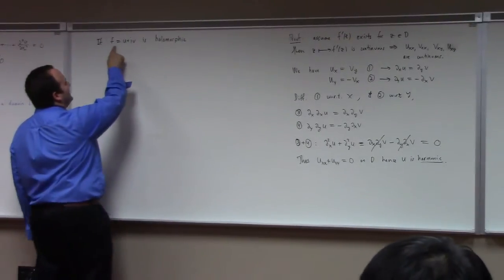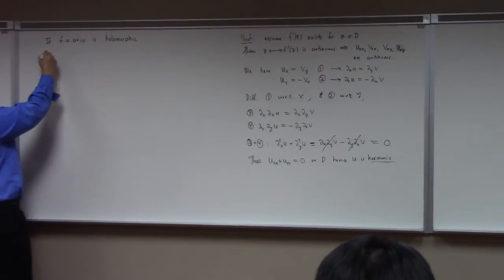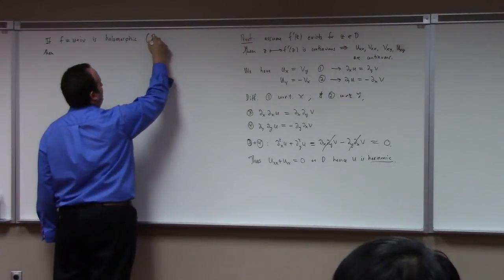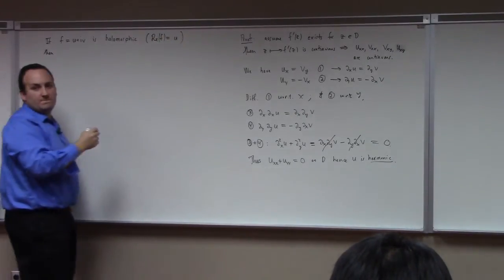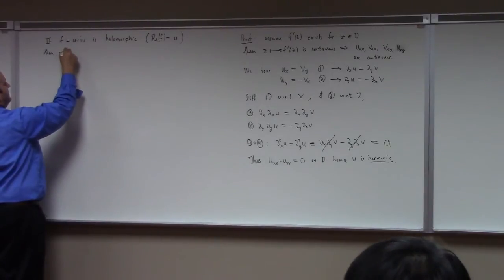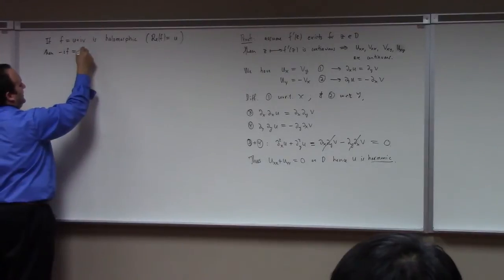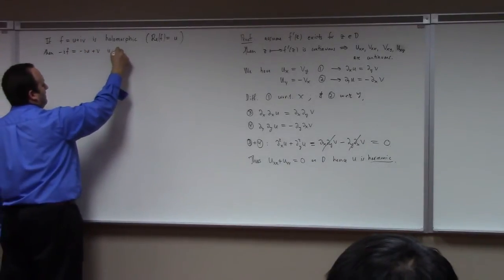Okay, if f equals u plus iv is holomorphic, then another thing you might notice, and notice that the real part of f is equal to what? It's equal to u, right? Well, if you were to multiply this thing by minus i times f, which is equal to minus iu plus v, is also holomorphic.